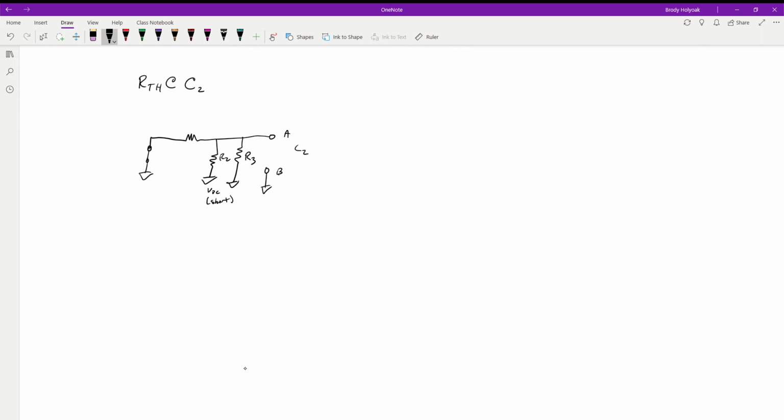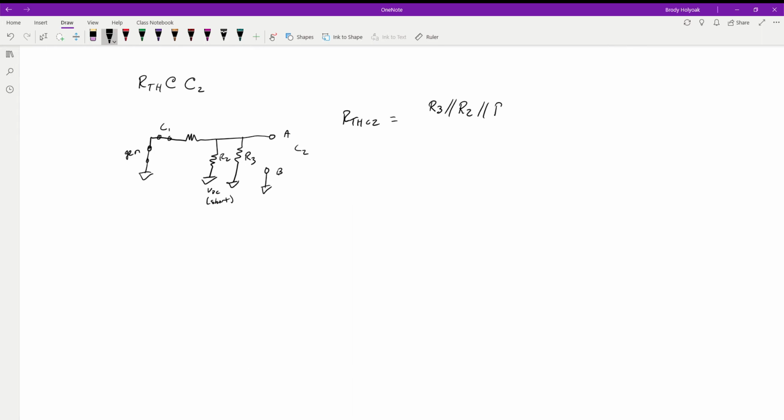So this is our generator. From here to here, this is C1, because like I said, at high frequencies, it becomes 0 ohms, so it's essentially a short. And so now our R Thevenin at capacitor 2 is equal to R3 in parallel with R2 in parallel with R1.